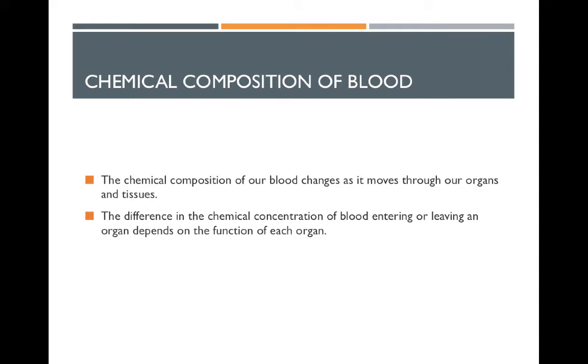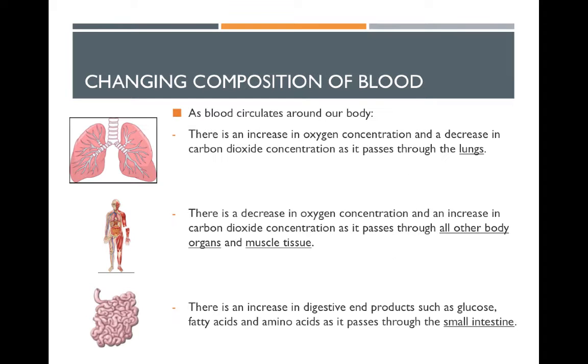So the chemical composition of our blood is regularly changing while it moves through all our organs and tissues in our body, okay? It depends on the function of the organ as to what sort of changes happen to the blood as it passes through that particular area of our body.